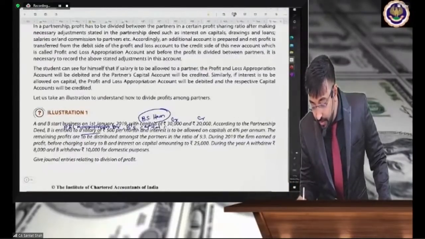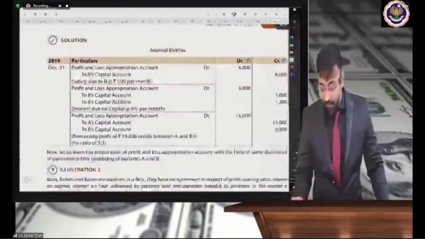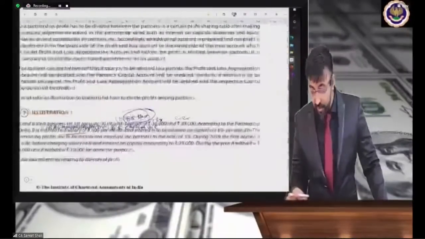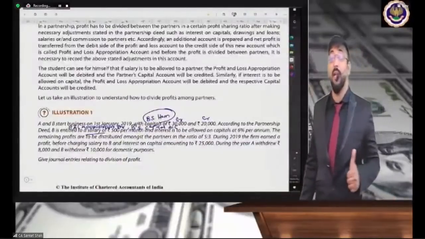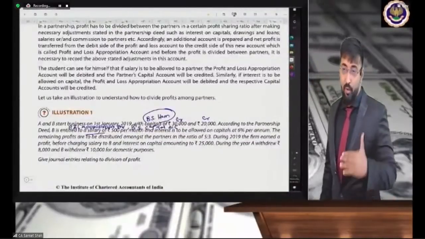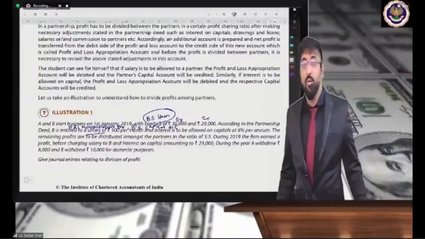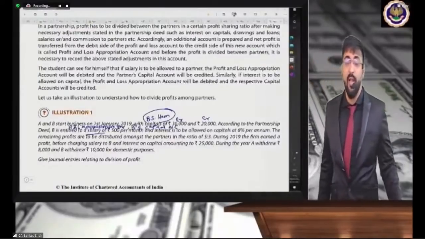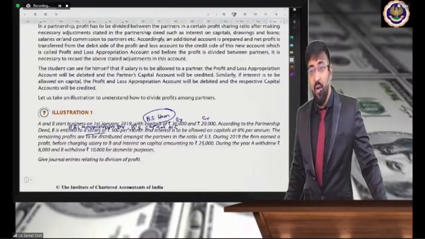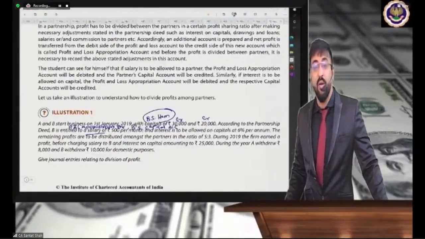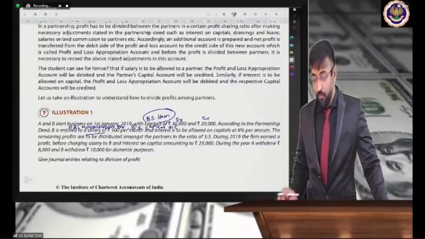In the first question, they have not maintained a separate current account. Capital account is credited because we want to pay B, and salary account is debited. So you are already aware of this entry: P&L appropriation account debit, and B's capital account credit.